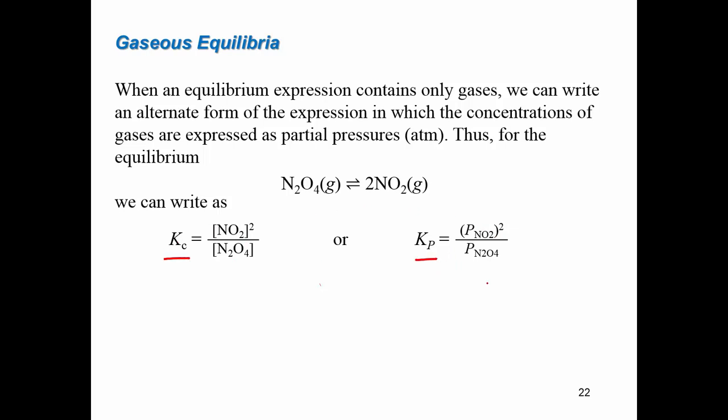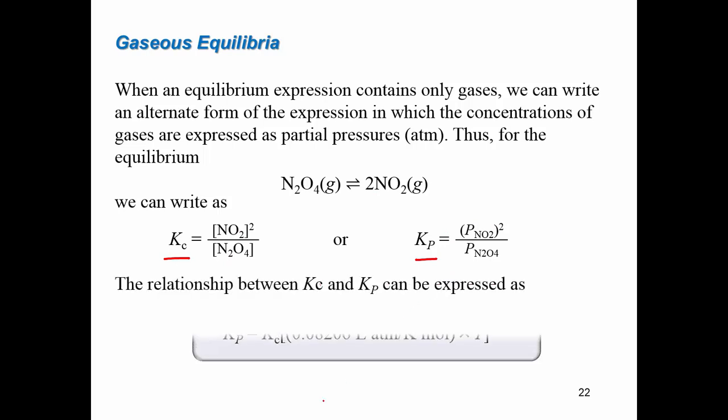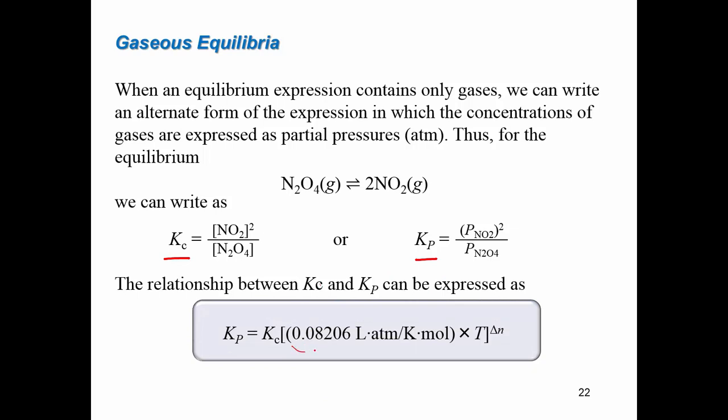It's just the partial pressure of each of our constituents or our compounds raised to the appropriate power, just like with the concentration, just talking about pressures now. Now the relationship between Kc and Kp though, you have to bring in the gas constant, and this is where it's important to know the temperature.